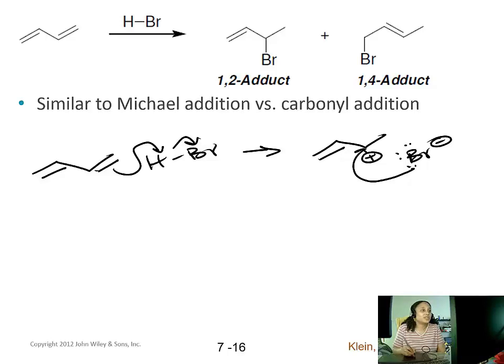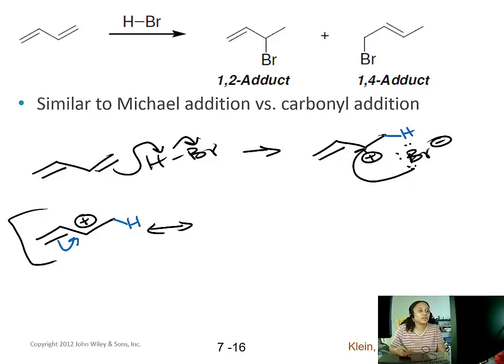But a difference comes in looking at the resonance here. So this molecule has a resonance structure. So again, I'm going to use a different color to remind us where that hydrogen is. Remember, there are other hydrogens there. If we shift this over, we actually form a more stable resonance structure, right?